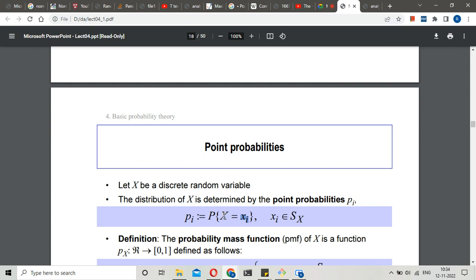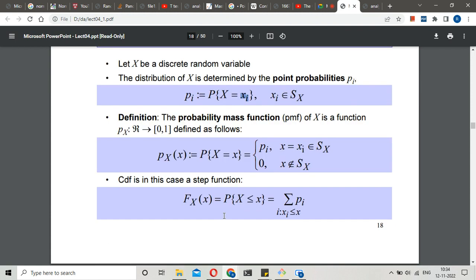This is point probability, meaning that value you know exactly that you are looking for. How many times? Two times in two throws. You want the probability to be exactly two times. That is why, when you calculate it, we call it point probability.